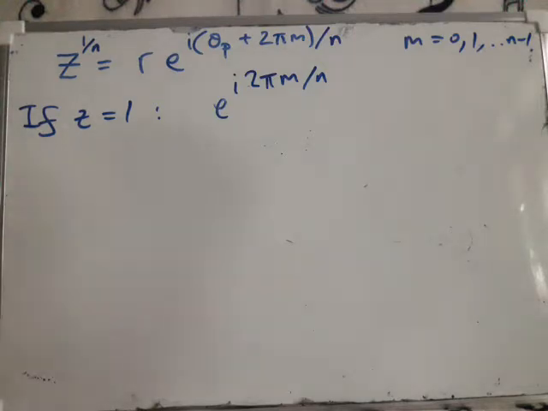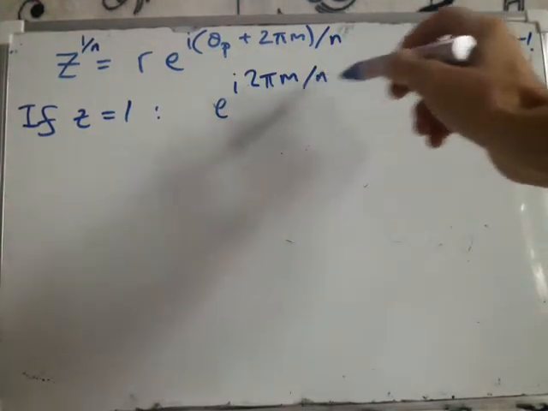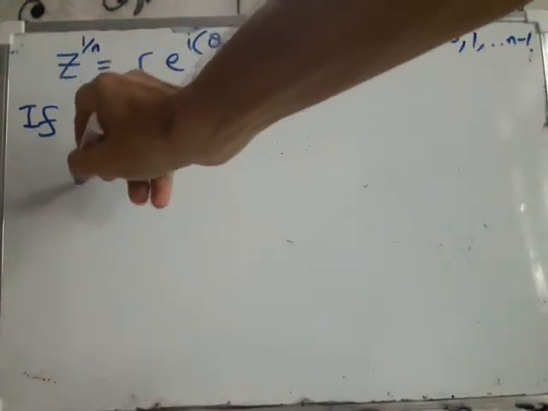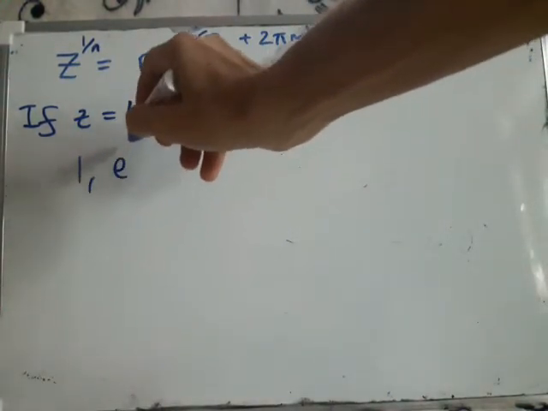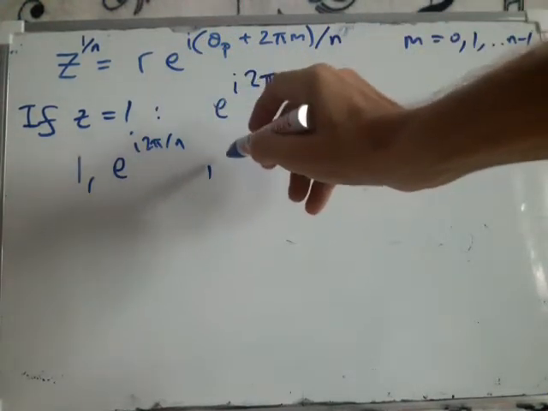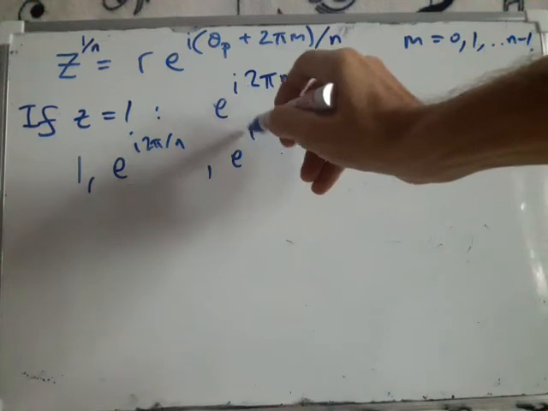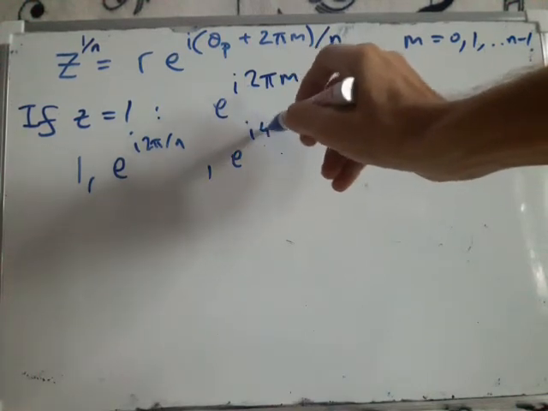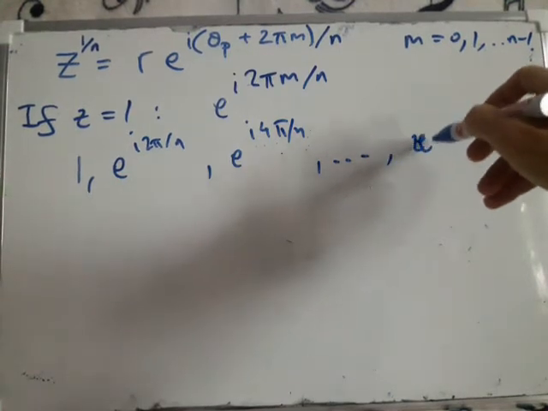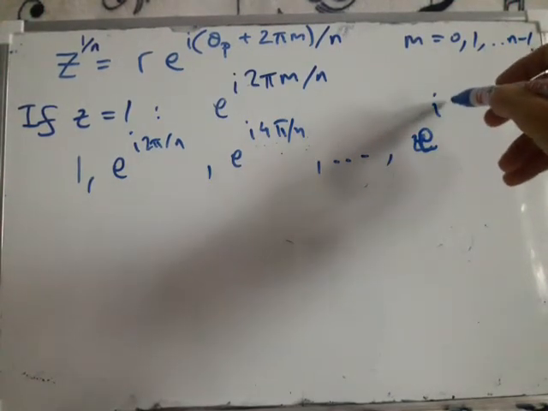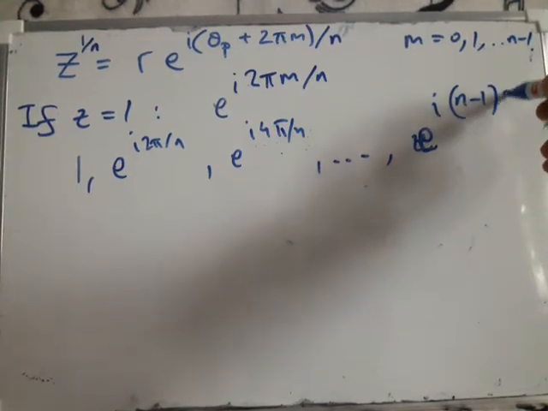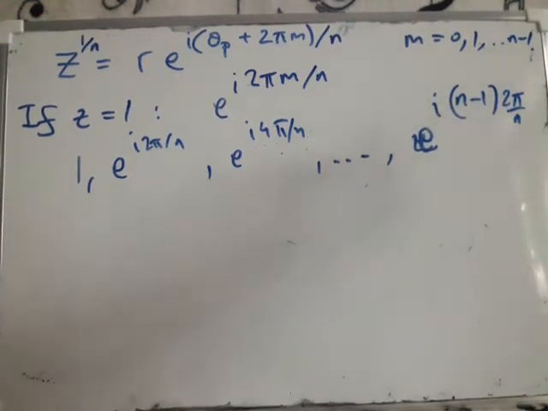So what do we get when we substitute in these values? Well, we'll get 1, e to the i 2 pi over n, e to the i 4 pi over n, all the way up to e to the i (n minus 1) 2 pi over n.